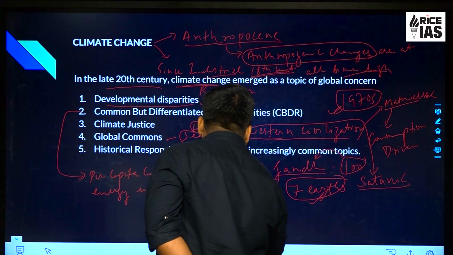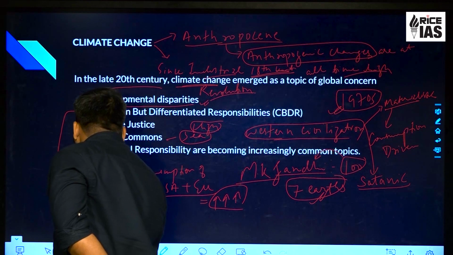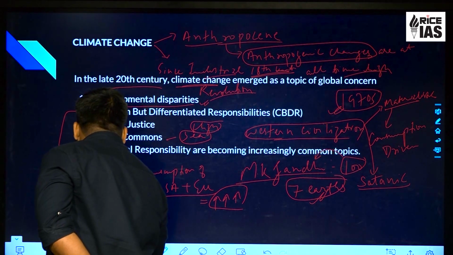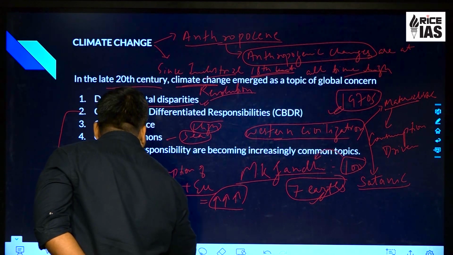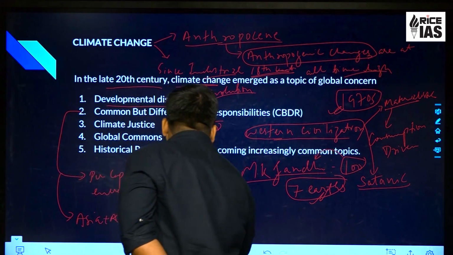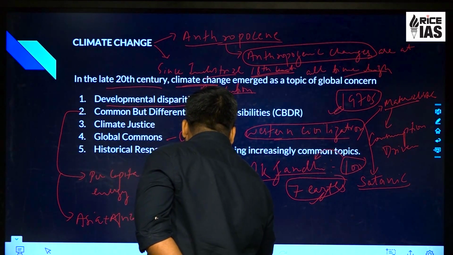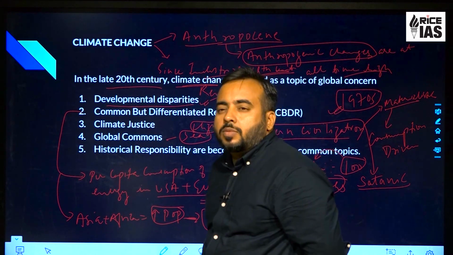But the population in Asia and Africa is very high. If this high population starts consuming the same on a per capita level, then we will destroy Earth.